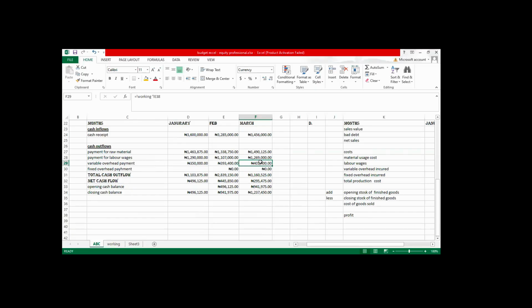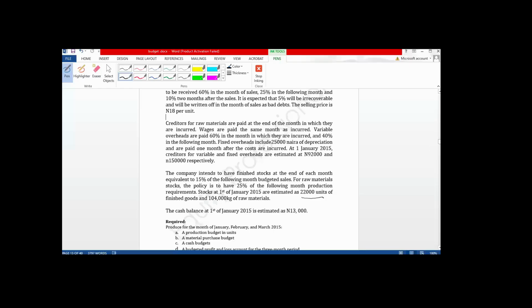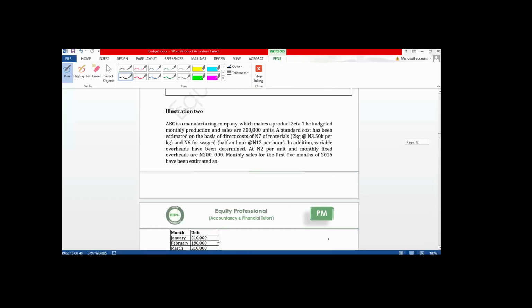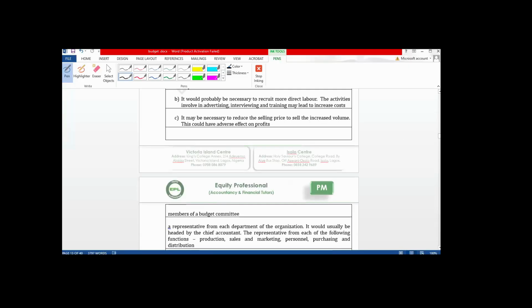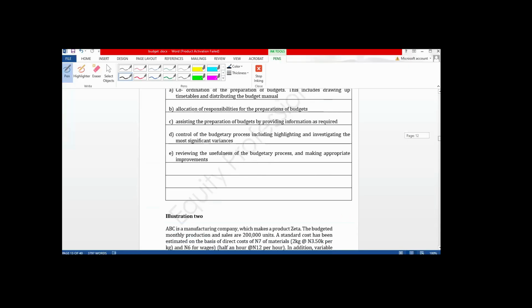The last aspect is fixed overhead. What is the fixed overhead payment? Go and look at the question. Paragraph 1 says, look at paragraph 1.